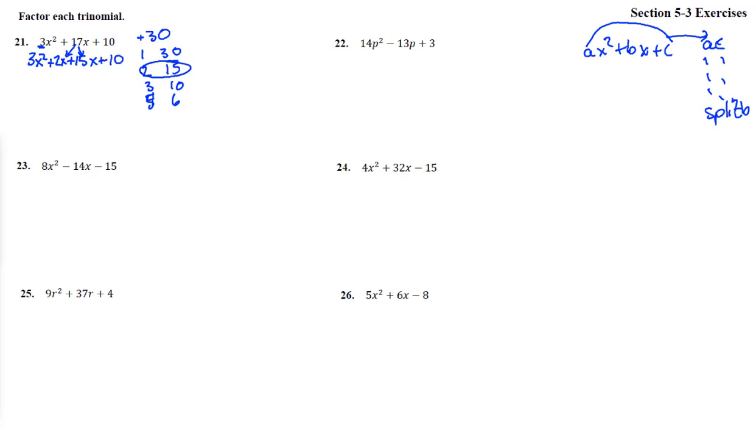All right, so now we have 1, 2, 3, 4 terms. We know how to do this. We cut this in half. And we pull out what we can from the front half, x, and we're left with a 3x plus 2. And what do we pull out of the second half? A plus 5. And we're left with 3x plus 2.